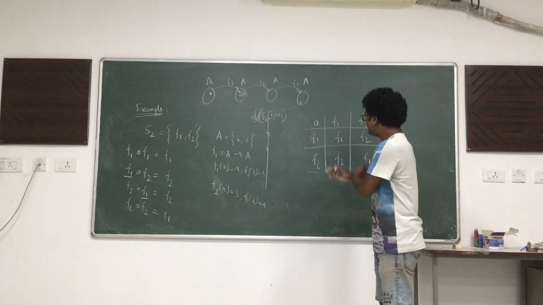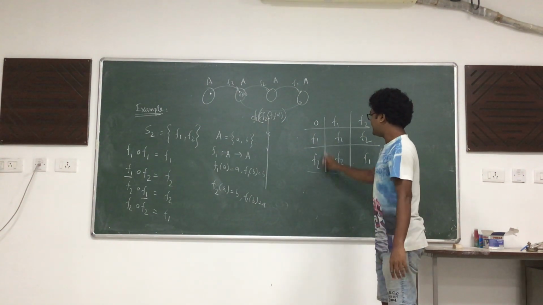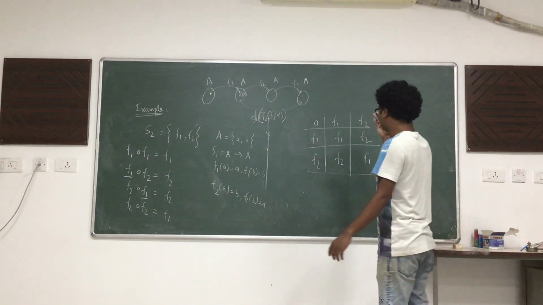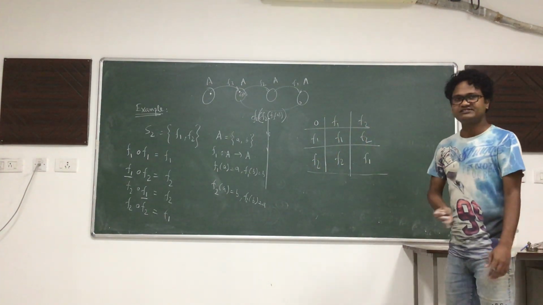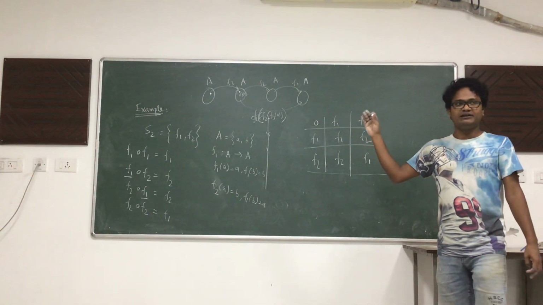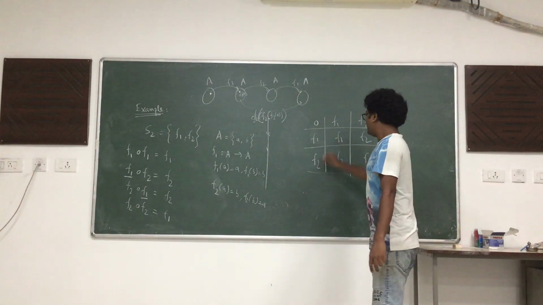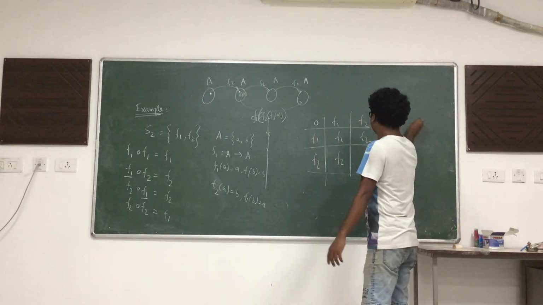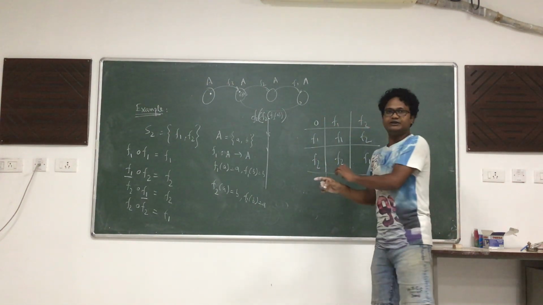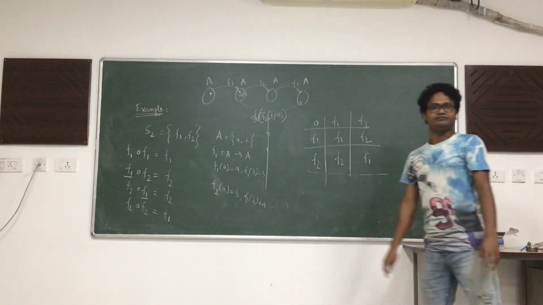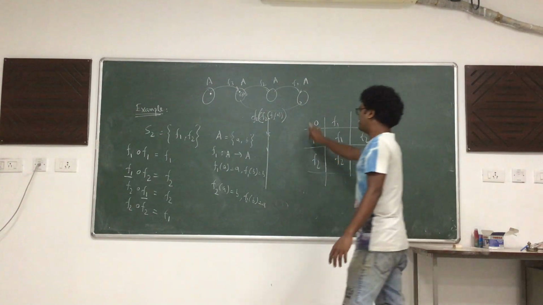So for any group, we can create a multiplication table if it is a discrete group. If it is not a discrete group, it is difficult to see. But for a discrete group, if we have 3 elements or 4 elements, we can create a chart and say that this is my multiplication table under this binary operation.